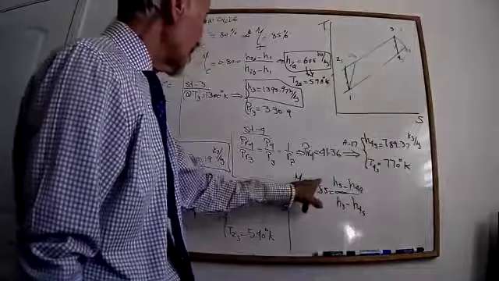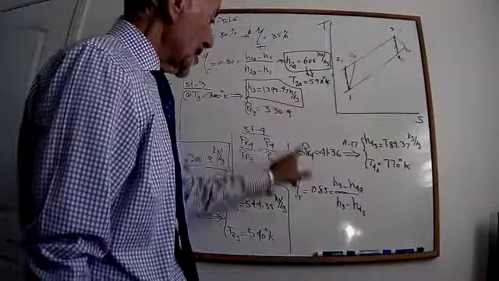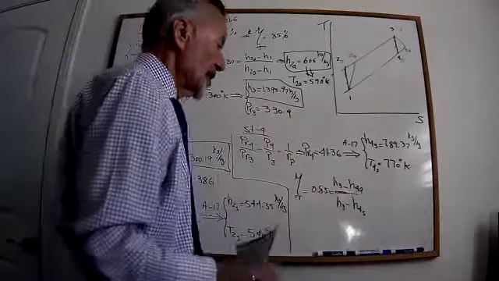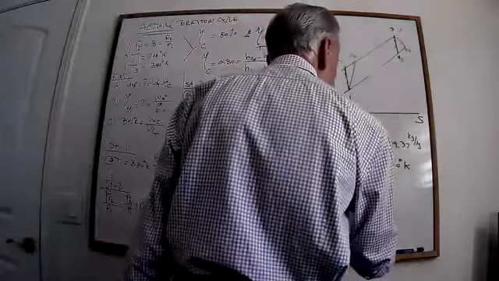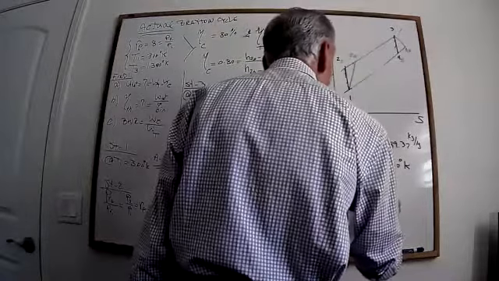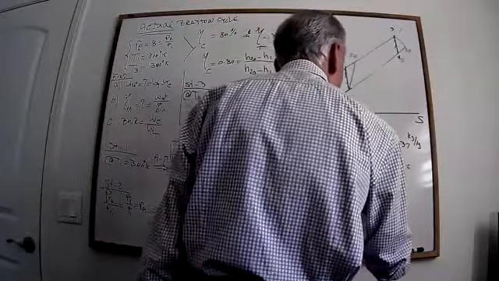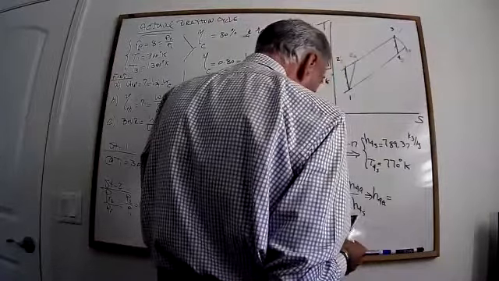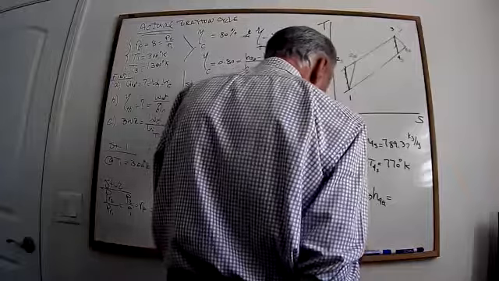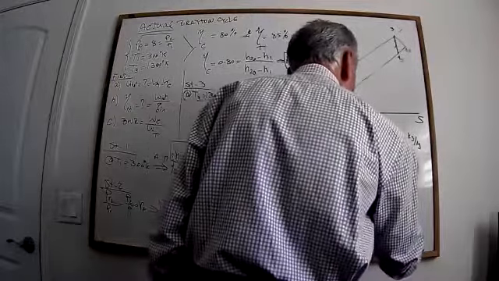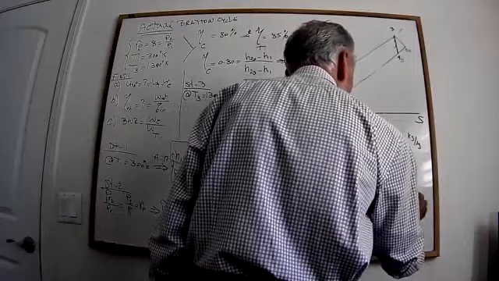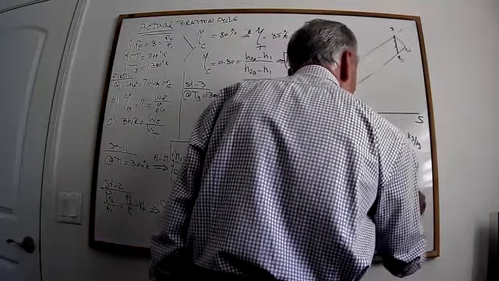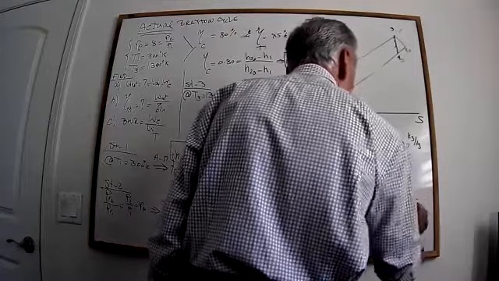I found H3 in step 3. This side is 0.85. The only unknown is H4A. So from there, I can find the value of H4A to be 880 kilojoule per kilogram.